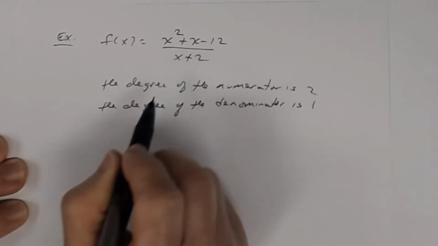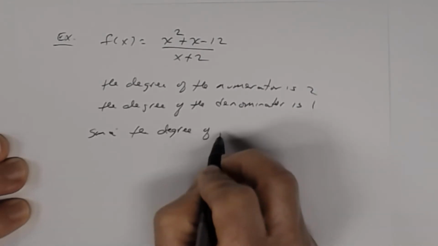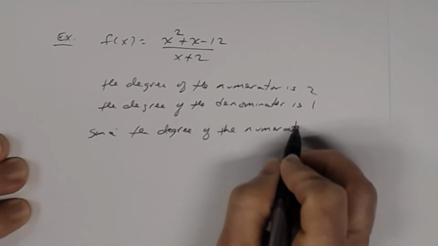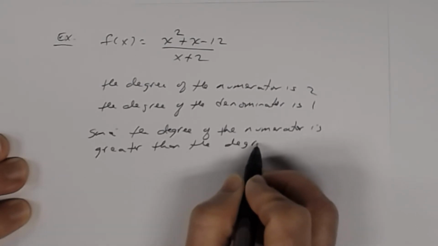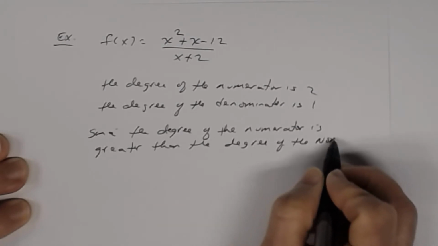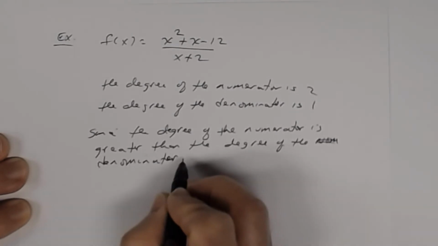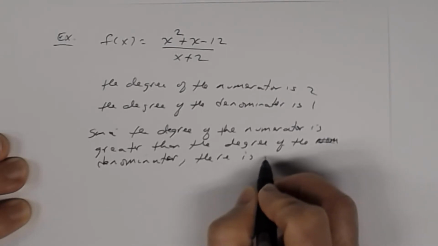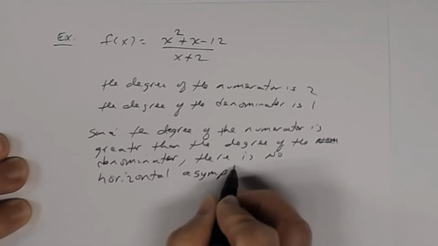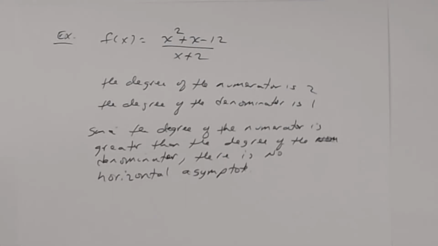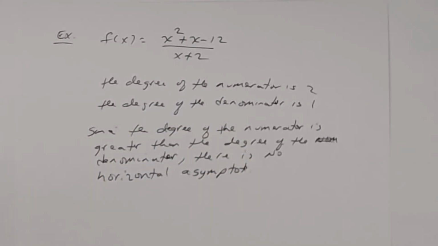Since the degree of the numerator, 2, is greater than the degree of the denominator, there is no horizontal asymptote. So what does the graph look like?